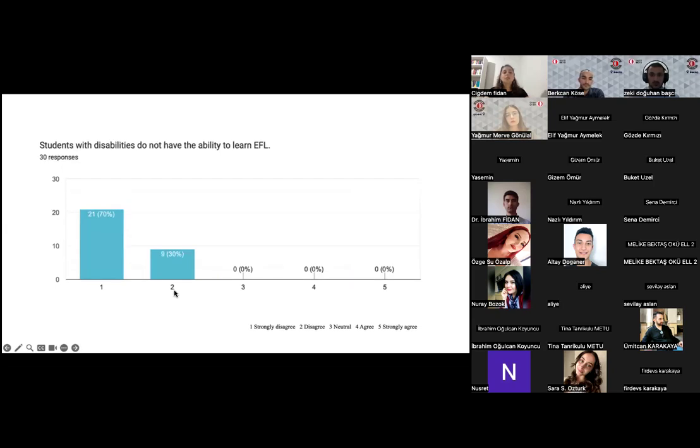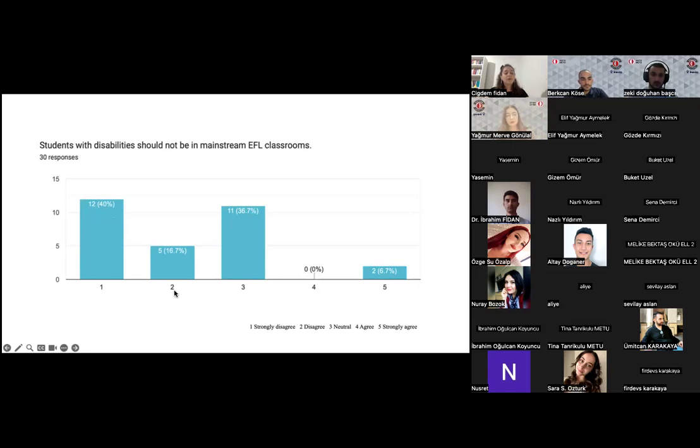For "Students with disabilities do not have the ability to learn EFL," interestingly, they do not believe this. They believe that students with disabilities also have the ability to learn English as a foreign language. For "Students with disabilities shouldn't be in mainstream EFL classrooms," they believe that they should be in mainstream EFL classrooms, right?